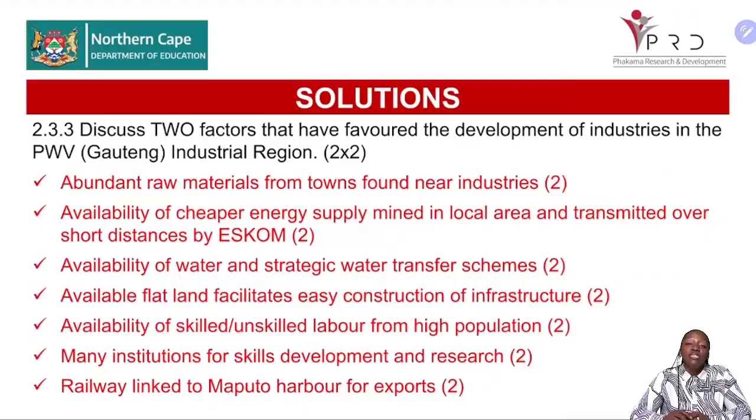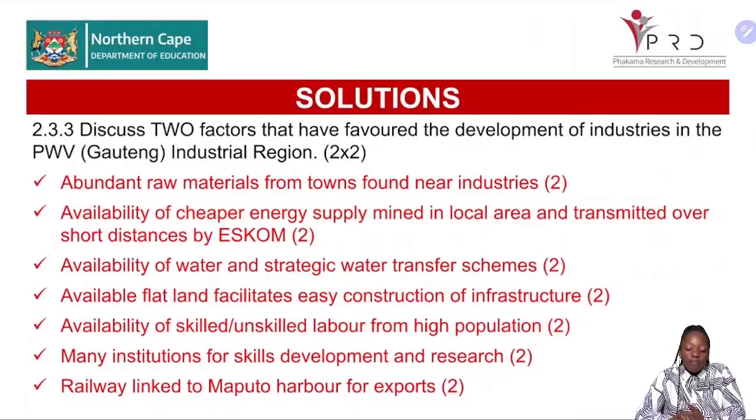Number 1, this is the region that has most of the minerals, so therefore abundant raw material is found in town and also near the industries. Remember, with the discovery of this raw material, it also stimulated the industries, because the industries will always be closer to the source of raw material they are using, so that they can save on transport costs and also get their raw material quicker.